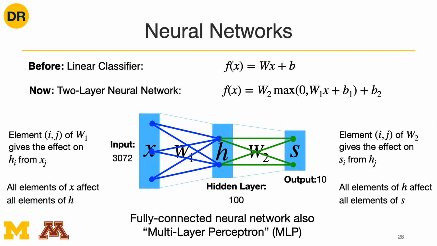Multi-layer perceptron is nowadays commonly referred to as MLPs, like people talk as if it's its own thing. So if you're hearing MLPs, make sure you know that's a fully connected neural network, where all the elements are connected to each other. Very commonly used.